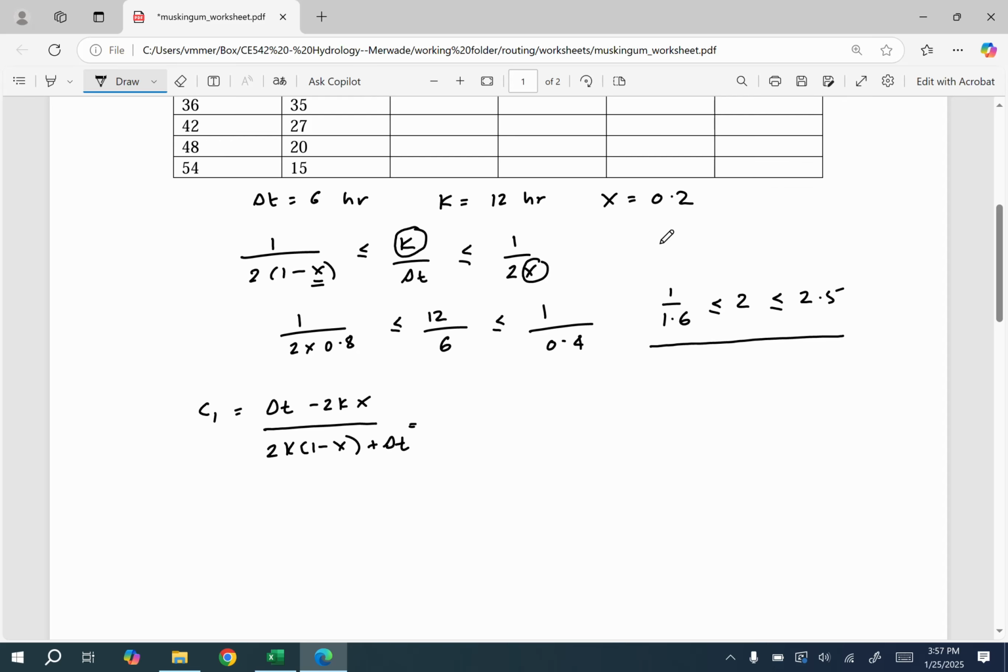So delta T is 6 minus 2 times 12 times 0.2, divided by 2 times 12 times (1 minus X), which is 0.8, plus delta T, which is 6. So this is 6 minus 2 times 12 is 24, 24 times 0.2 is 4.8.